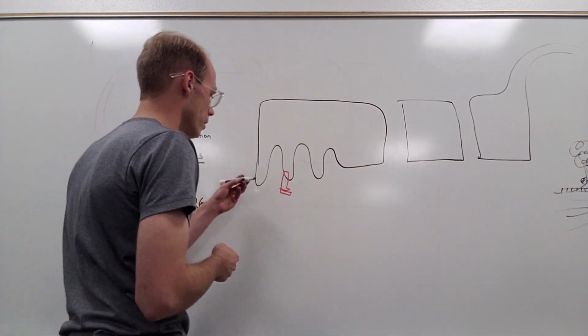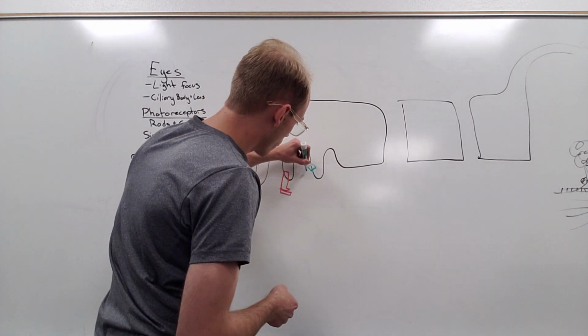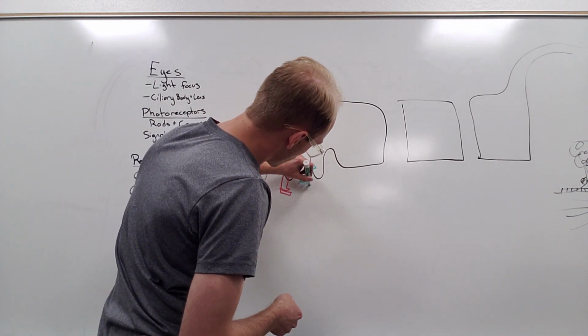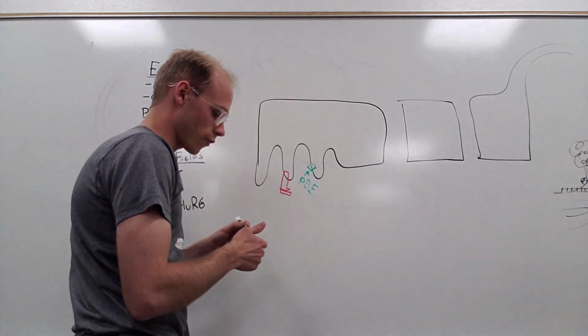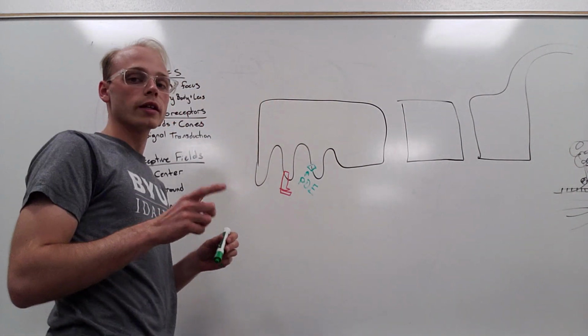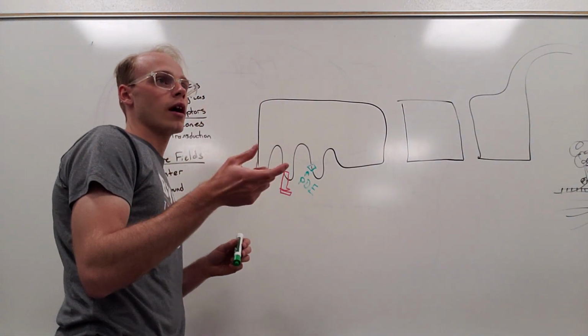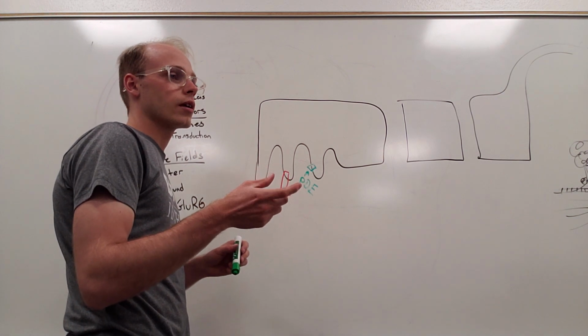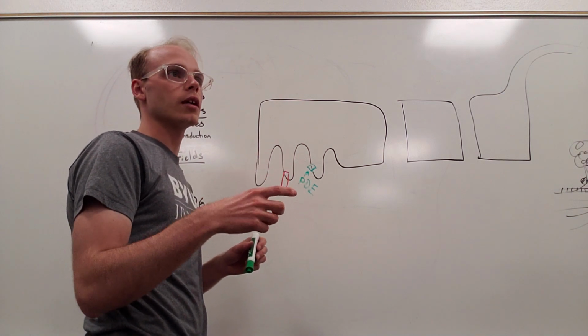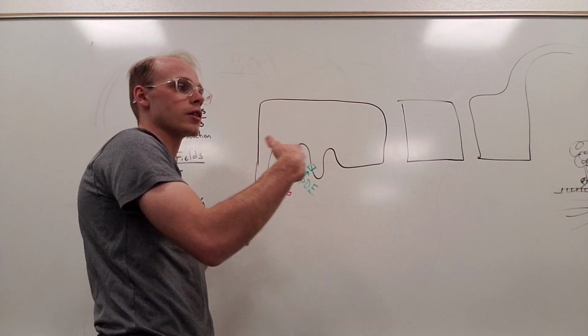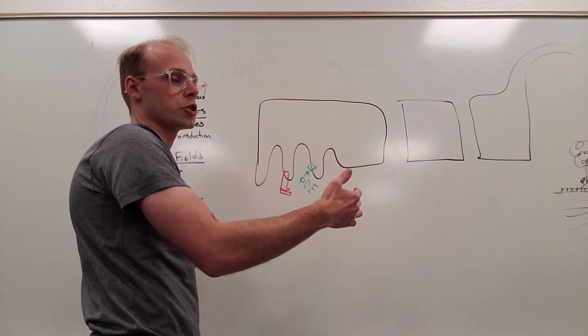So in here we have PDE, so phosphodiesterase, which is really useful for breaking down cyclic AMP or cyclic GMP into its non-cyclic form, so just GMP or AMP.